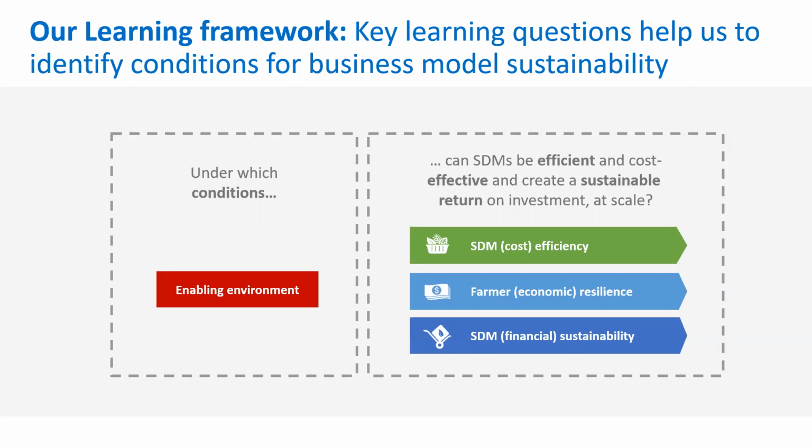You might receive payments back for them, but those payments aren't sufficient to cover the cost of service delivery. But that might not necessarily show that it's unsustainable if you're seeing a benefit in terms of the amount of coffee which you're sourcing. So often we also look at how much more coffee or of the product needs to be sourced from each farmer in order to cover the cost of the service delivery model. Is there anything you'd like to add there, Heidi?